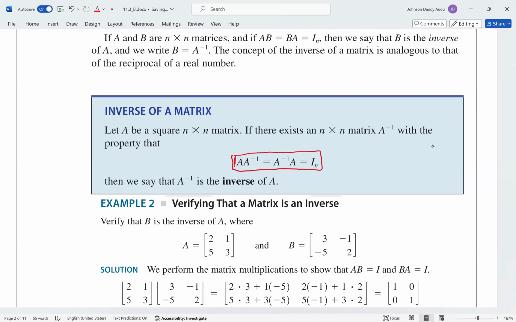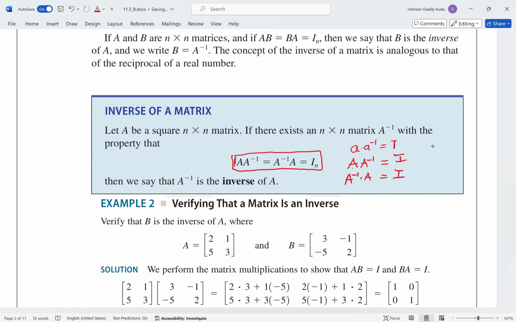Just like with real numbers, a number multiplied by its inverse equals 1, in the same way, with matrices, A multiplied by A inverse is the identity matrix. Also, A inverse multiplied by A is still the identity matrix. So you can see that the inverse also commutes with the matrix.